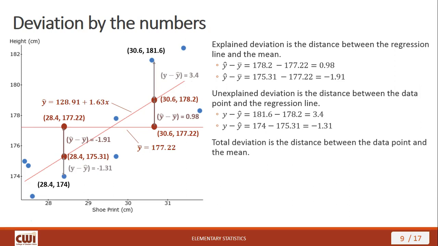Total deviation is the distance between the data point and the mean. So here I can follow one of two paths. I can either take the data point and subtract the mean, or I can add the explained and the unexplained deviation together. Let's look at it where we actually do the total distance. For the first data point, our y value is 181.6. I subtract out 177.22.